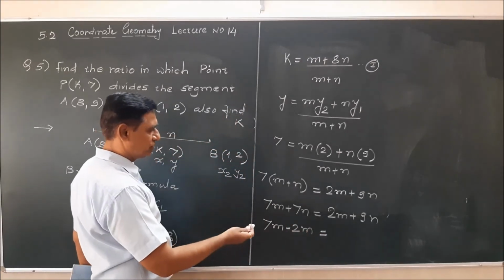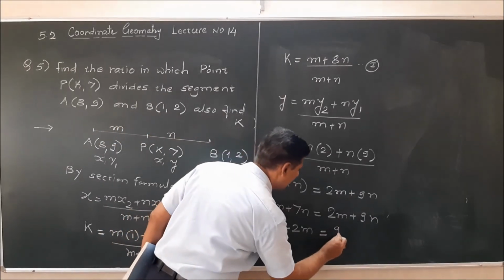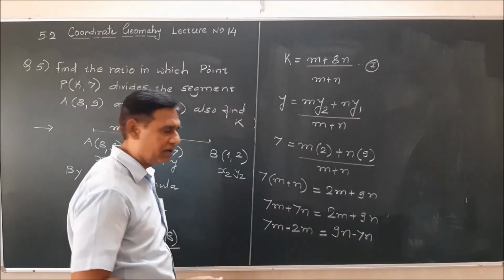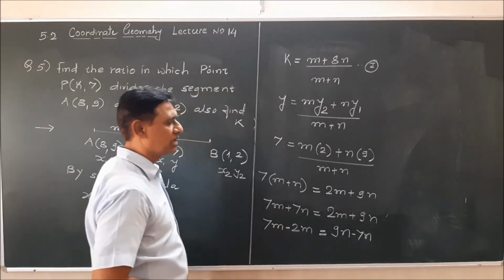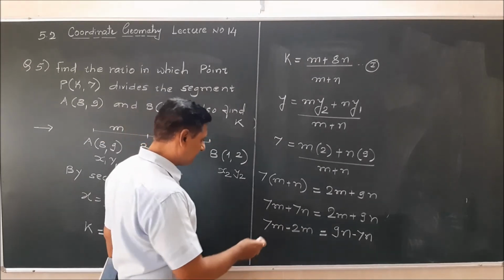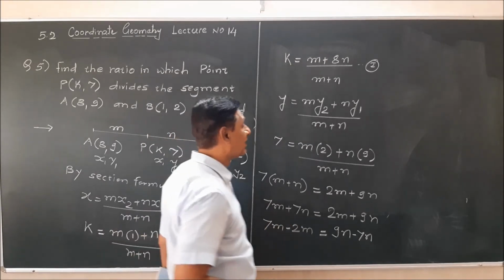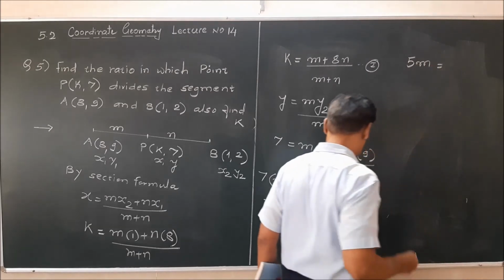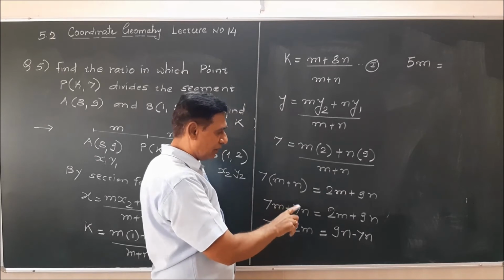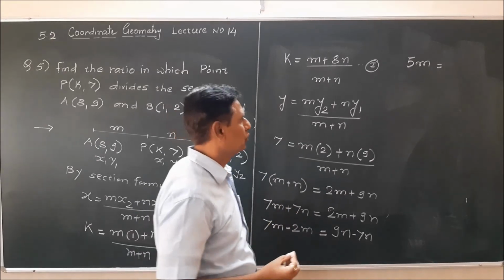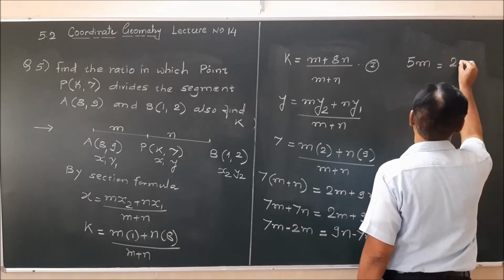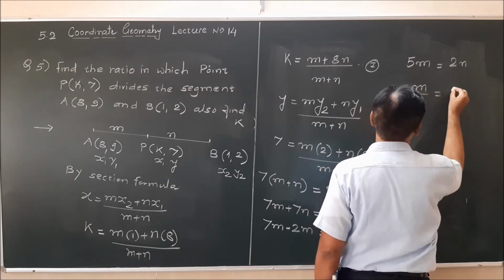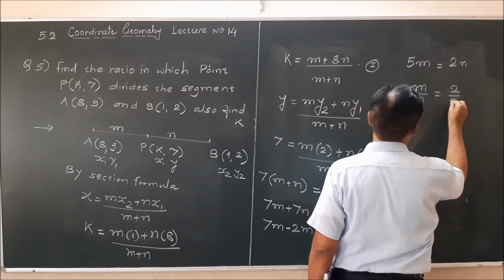So 7m minus 2m is equal to 9n minus 7n. Very simple calculation over here. That will give me 5m is equal to 9n minus 7n. 9 minus 7 is 2, so 2n. So m upon n is equal to 2 upon 5. Very important.